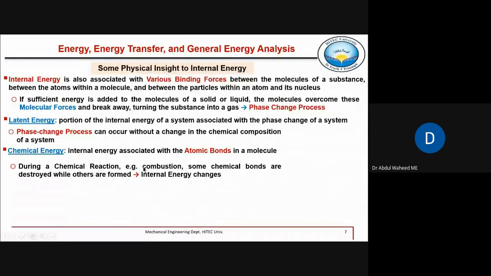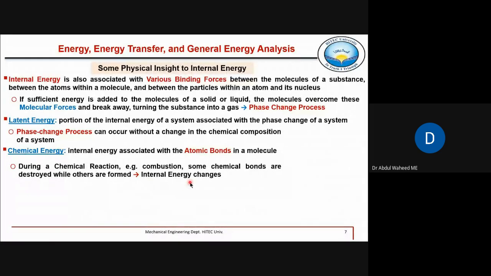In thermodynamics, the chemical reaction we are interested in is combustion, because with the help of the combustion process, we extract energy from the fuels. Whenever the fuel reacts with the atmospheric air, its chemical energy is released. So that is the third form of internal energy, because that is also related to the molecular level.